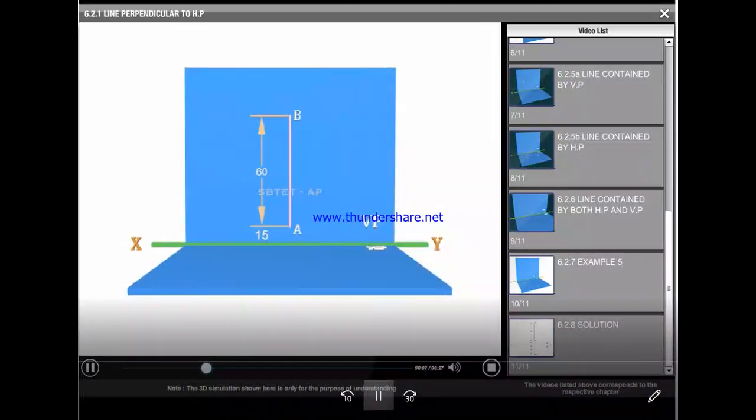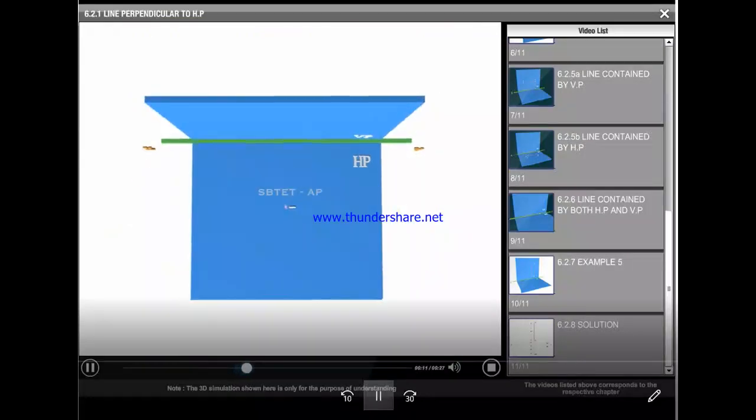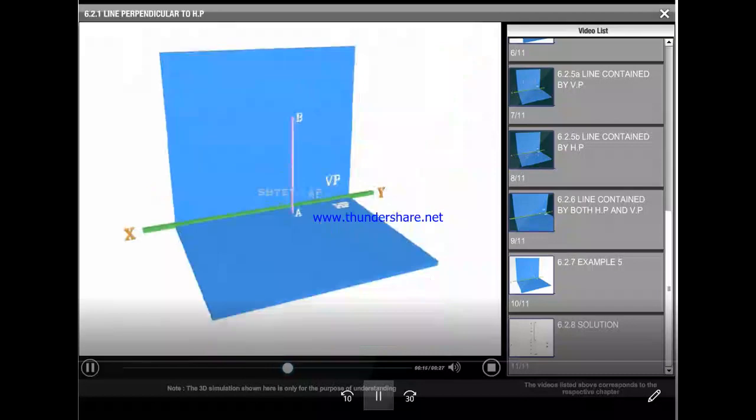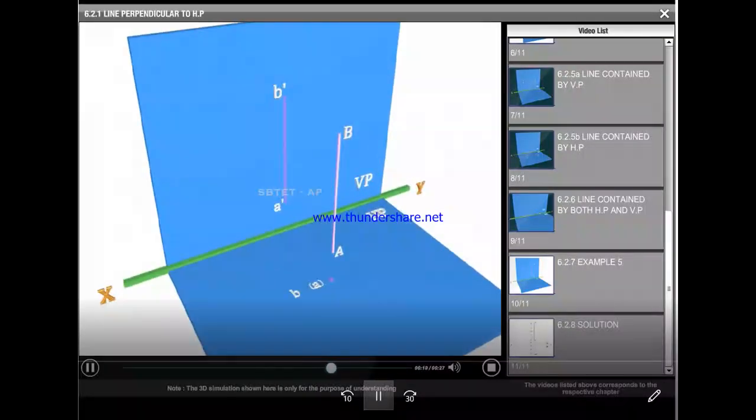In this, we'll see how the projections will look when a line is perpendicular to the horizontal plane. The top view is a point and the front view is a line showing the true length of the straight line. When a line is parallel to VP, its front view will show the true length.